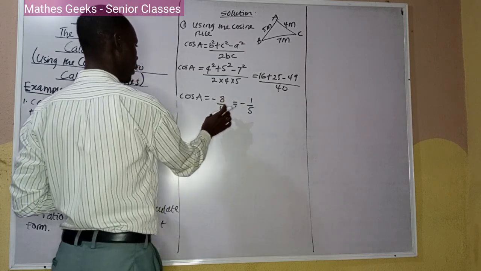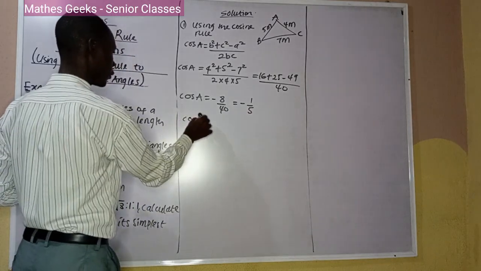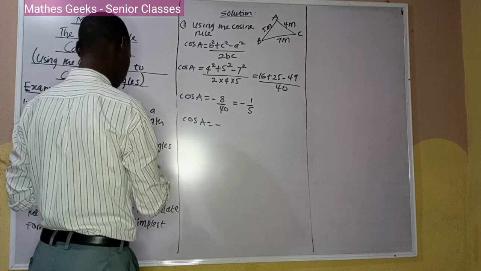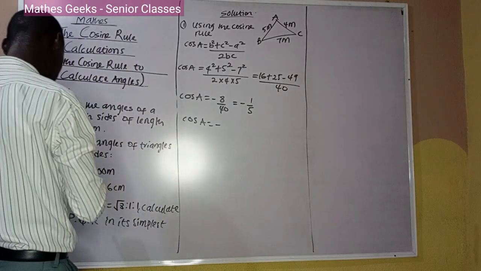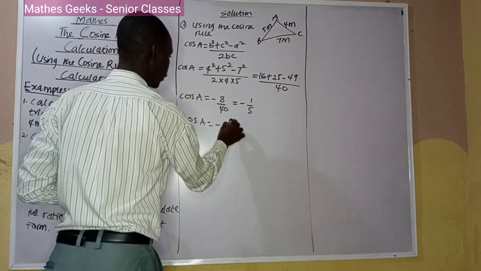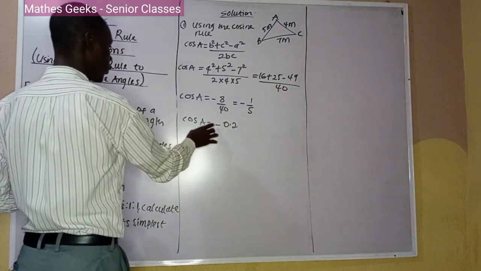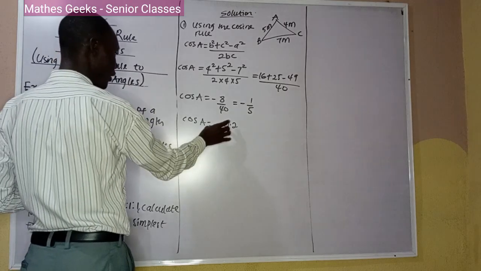So cos A is equal to minus 1 divided by 5, which is minus 0.2. So this indicates that the value of cos will be negative.